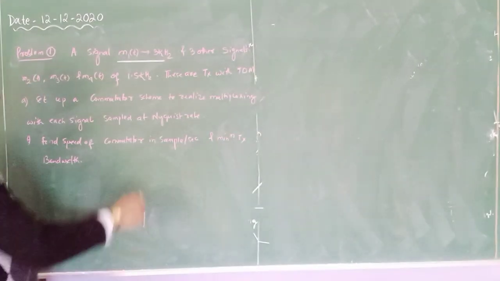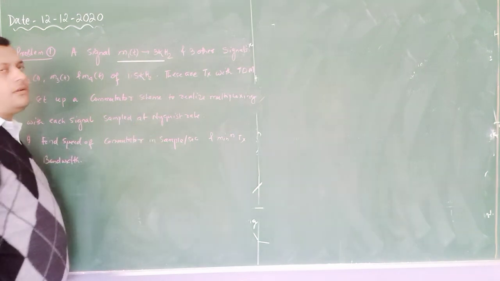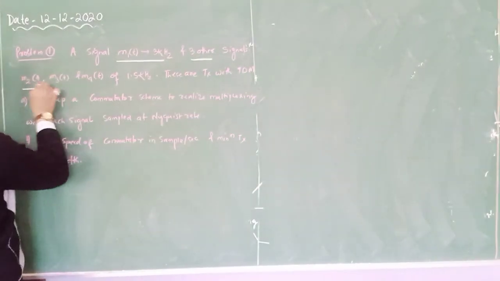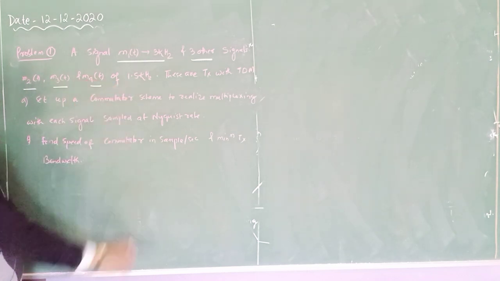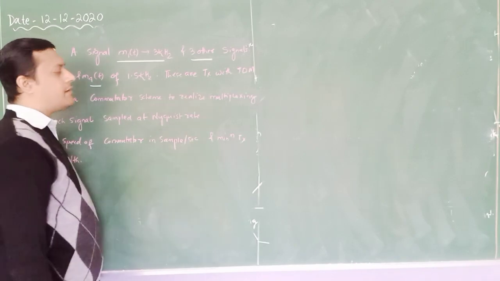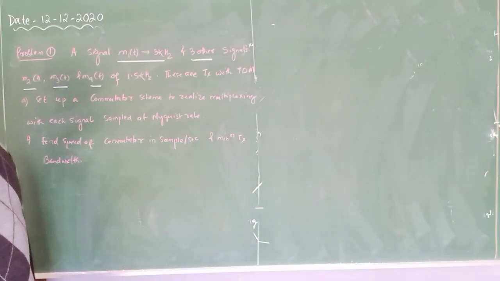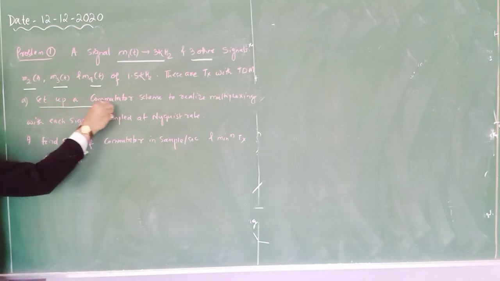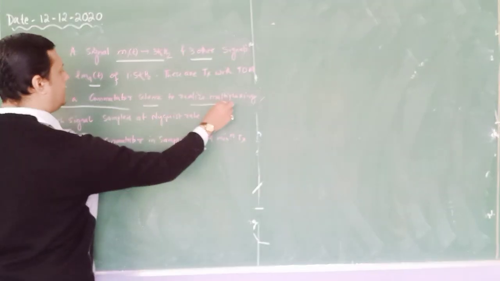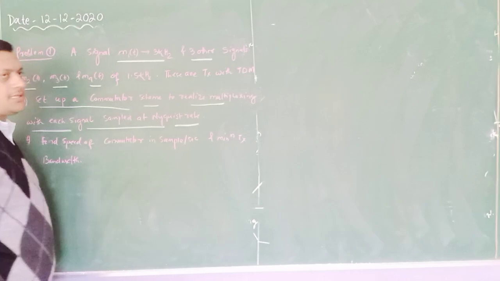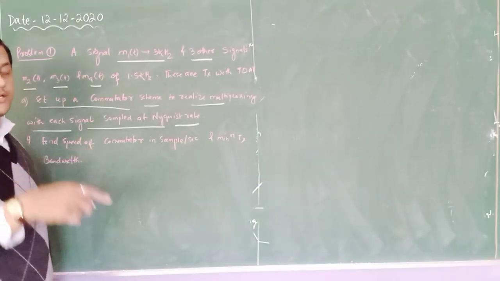That means M1 of t has a bandwidth of 3 kHz, and the 3 other signals M2, M3, M4 have 1.5 kHz. These are transmitted with the help of the TDM technique, and we need to set up a commutator scheme to realize the multiplexing with each signal sampled at the Nyquist rate. We need to design that commutator.